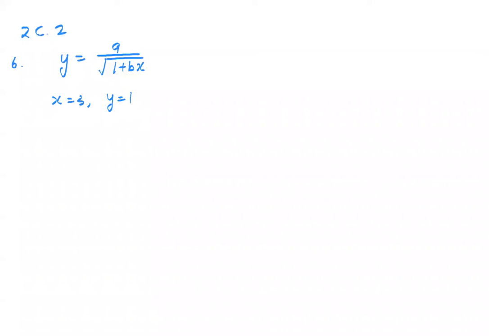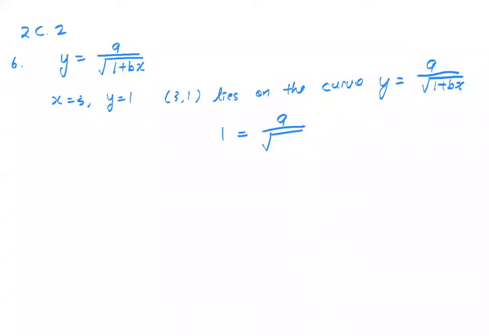So this point (3, 1) lies on the curve y equals a over the square root of 1 plus bx. If any point lies on the curve, that means you have the right to substitute x as 3, y as 1. So I substitute, and I get one equation.